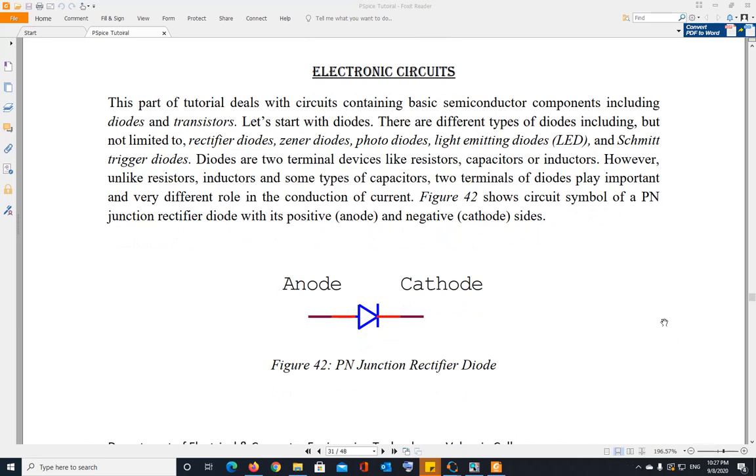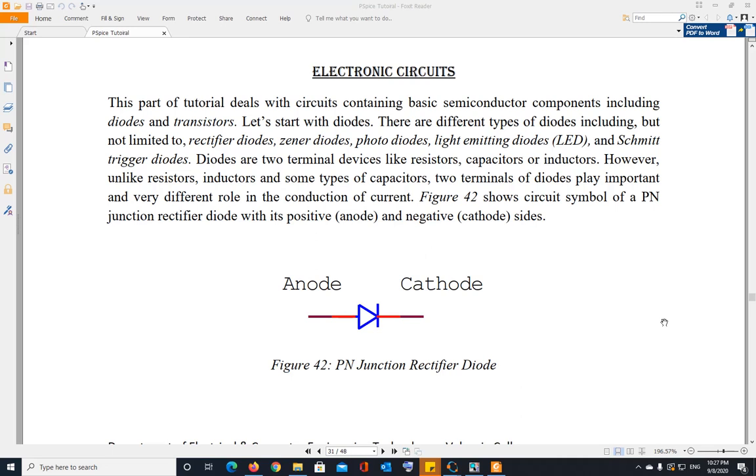And then we are also going to see circuits with bipolar junction transistors, BJT, and you are going to see some amplifier circuits, voltage amplifiers that will amplify the input voltage and produce a higher voltage at the output pin.